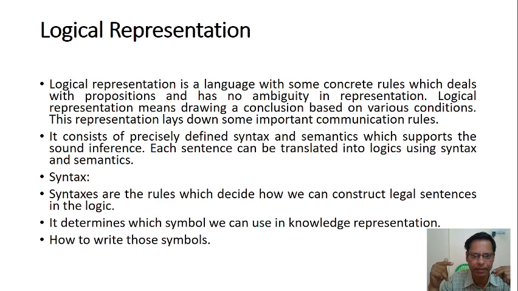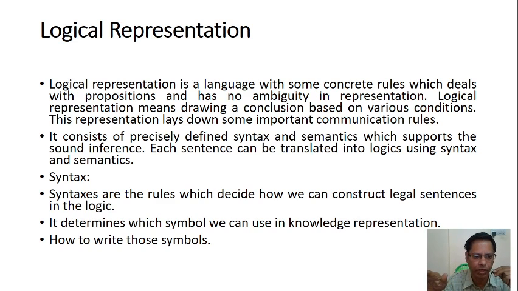Each sentence can be translated into logic using syntax and semantics. So again, logical is based on syntax and semantics. What is syntax? Syntax is how we are going to trace the word through the systematic system rules. Semantics is how it is going to be pronounced, what the meaning is and how it is related.